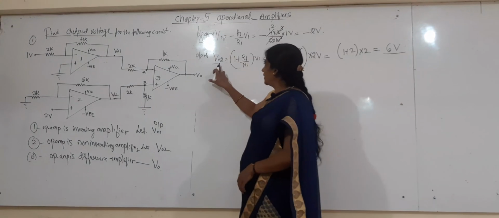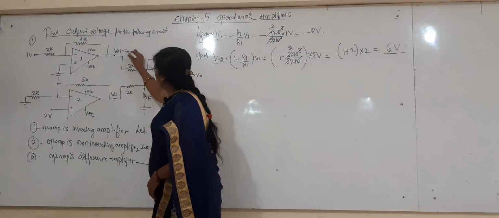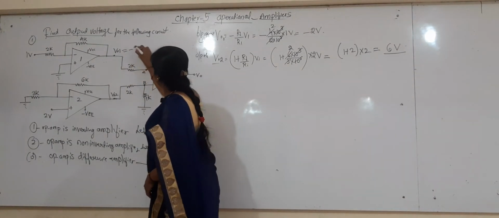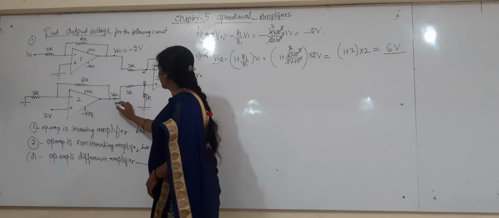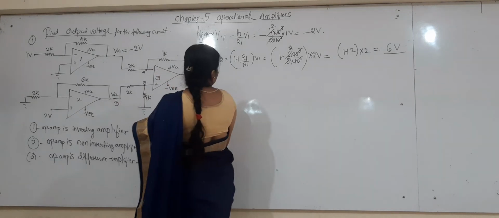Therefore V01 is minus 2 volt and V02 is 6 volt.